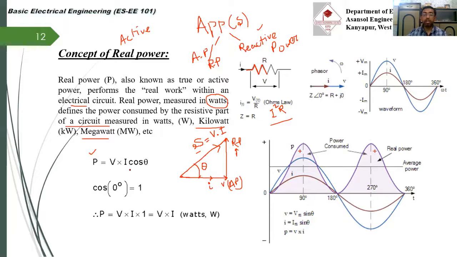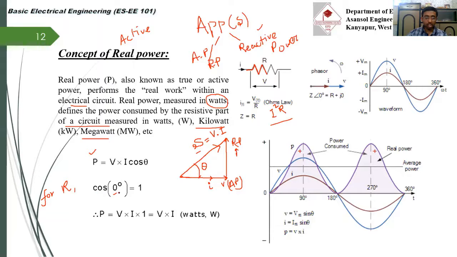Correct? Now for only the resistor, this theta is 0 because there is no angle difference between V and I. So for the resistor, there is no phase difference, so theta is 0.